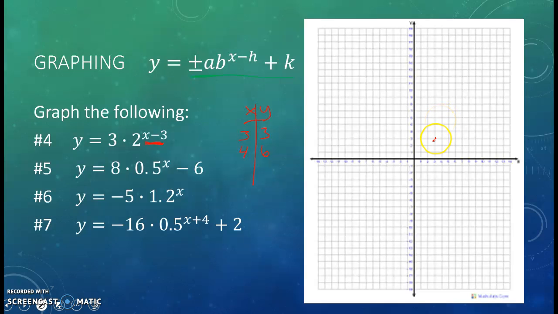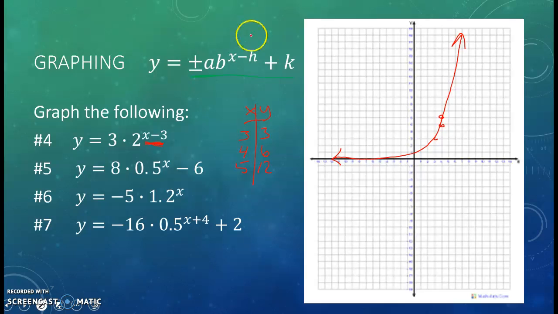And then when I plug in 5, it's 5 minus 3 is 2. 2 squared is 4. So this is going to be at 12. So the point 5, 12 is going to be up here somewhere. And the exact same graph will happen as the first time. The only difference is that it's shifted, and it's shifted 3 units to the right.